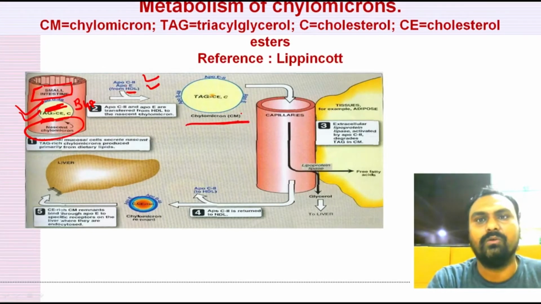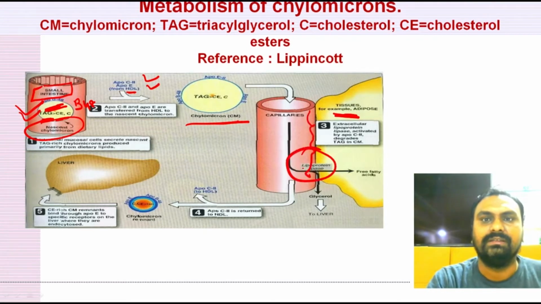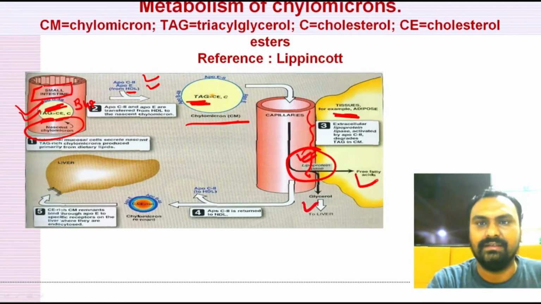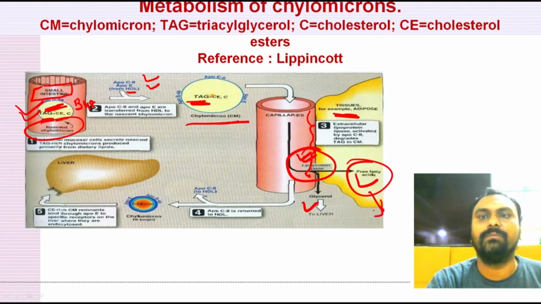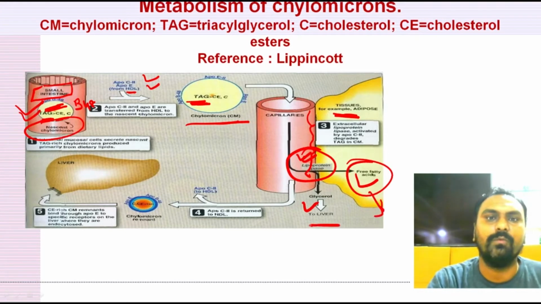This mature chylomicron will go to the peripheral or extrahepatic tissue like adipose tissue and skeletal muscle, and their capillary endothelium contains the lipoprotein lipase enzyme. This lipoprotein lipase will break down the triglyceride to glycerol and fatty acid, which can be used for energy or storage, while glycerol goes back to the liver.